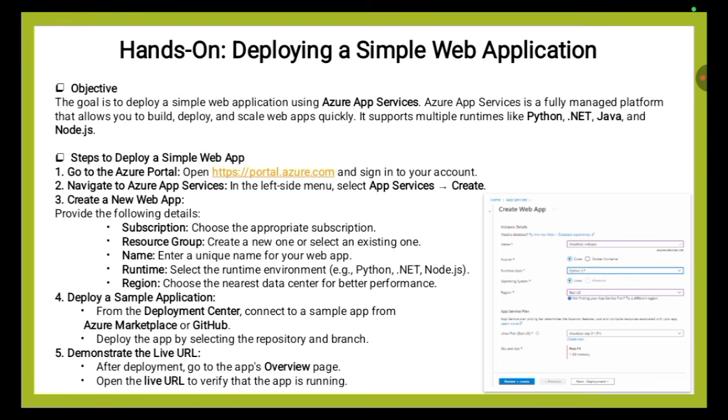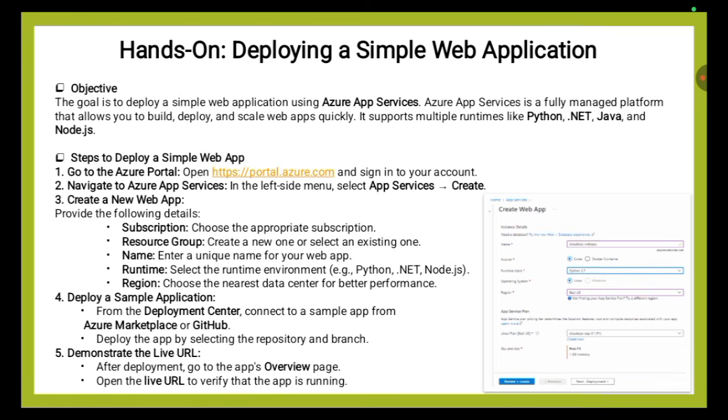Provide the subscription and resource group details and give your app a unique name. Choose the appropriate runtime environment and select the nearest region for better performance. After creating the app, go to the deployment center, connect to a sample app from Azure Marketplace or GitHub and deploy it. Once deployed, you can view the live app by accessing the provided URL from the app's overview page.